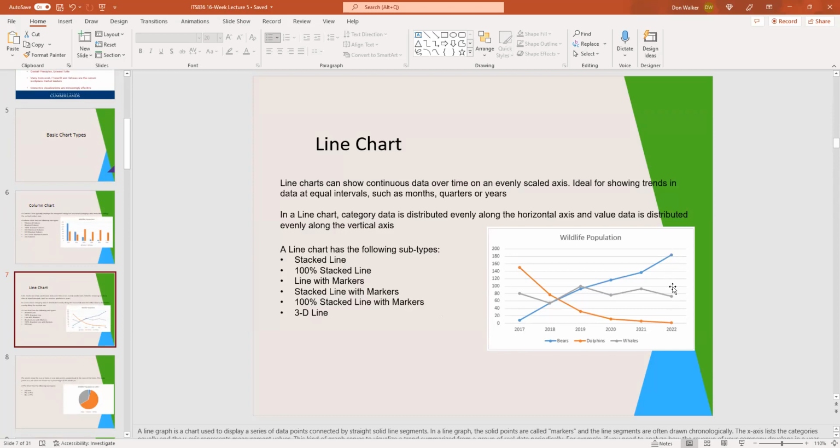Right now, the population of bears is what, 181? What would you predict the population would be in 2023? I would predict it to be 205, 210 maybe. And that's without even running linear regression and getting a more exact number on it.